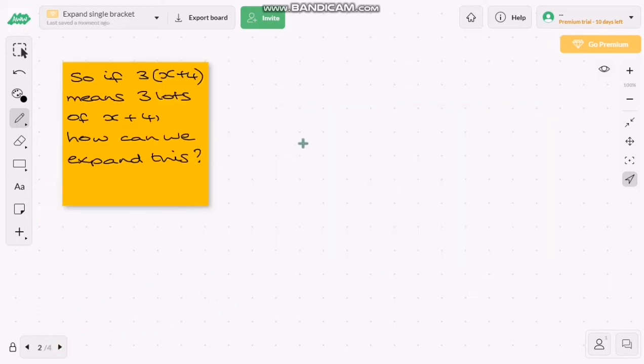Okay, so if 3(x + 4) means 3 lots of x plus 4, how can we expand this? So first of all, we just looked at the fact that it could be written as x plus 4 plus another x plus 4 plus another x plus 4. Well, how do we simplify that? Well, we add all the constants together.